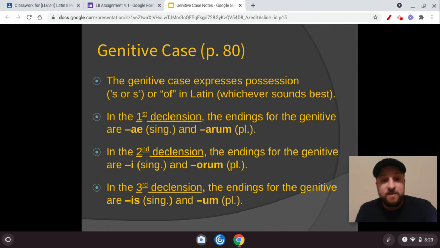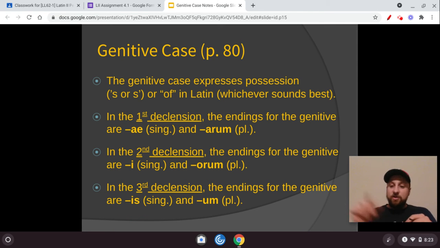The difference here is AE and I in the first and second declensions are identical to the nominative plurals. Again, feminae can be, most commonly, the women, nominative, or the woman's, apostrophe S. Domini can be the masters, nominative and plural, the masters as the subject, or of one master, the master's, apostrophe S.